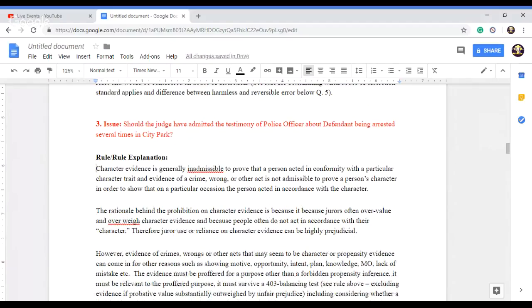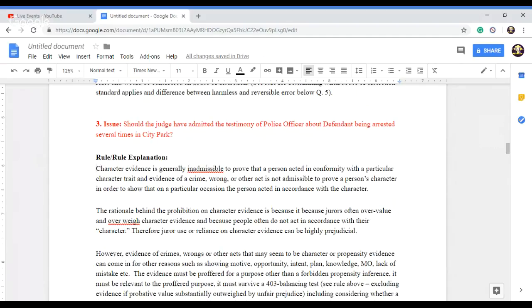Character evidence is generally inadmissible to prove a person acted in conformity with a particular character trait. And evidence of a crime, wrong, or other act is not admissible to prove a person's character in order to show that on a particular occasion, the person acted in accordance with that character. Boom. That is FRE 404, the prohibition against character evidence.